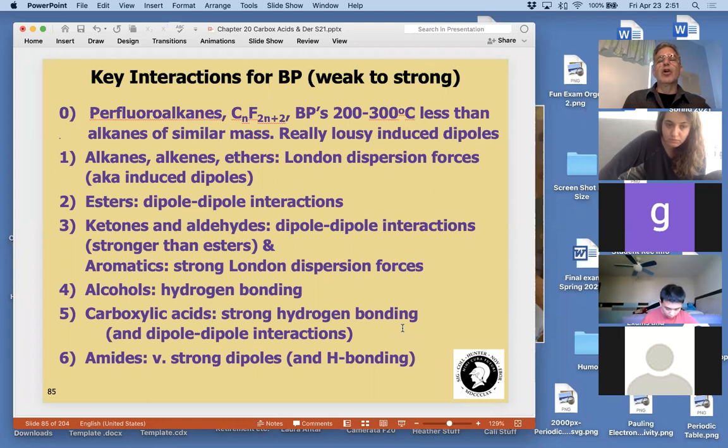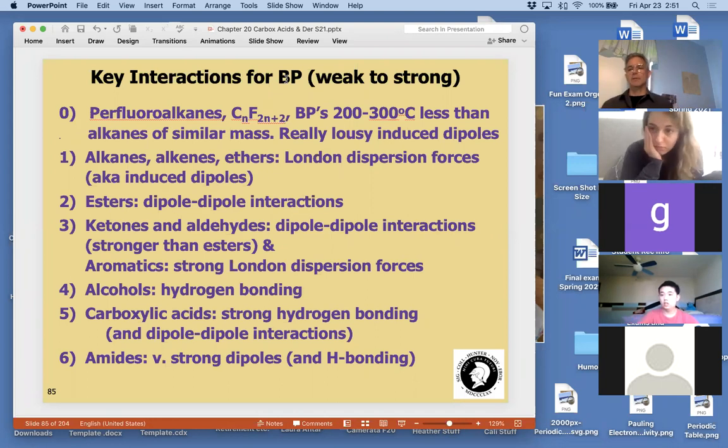So perfluoroalkanes are the simplest ones, just hexane with 14 fluorines instead of hydrogens, no hydrogens, okay? And they have very, very low boiling points. They have boiling points 200 degrees less than alkanes of similar mass. Now the fluorine's bigger, so that's being accounted for here.